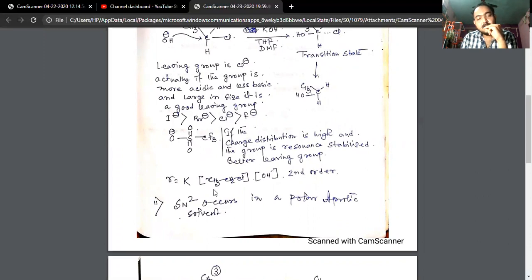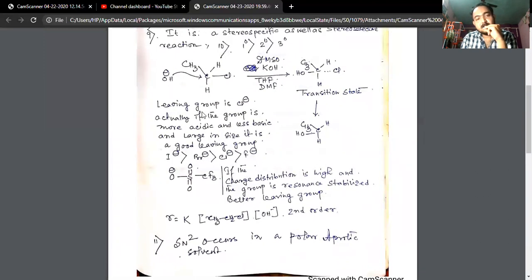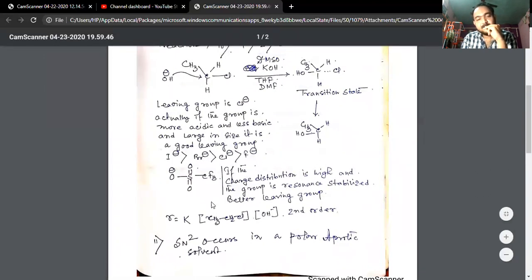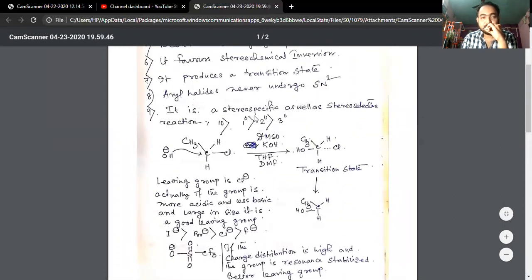It depends upon the concentration of CH3CH2Cl and also upon the concentration of OH minus. So if you decrease the concentration of OH minus, the rate of the reaction will also decrease. So the concentration of the nucleophile plays a vital role in the case of SN2.